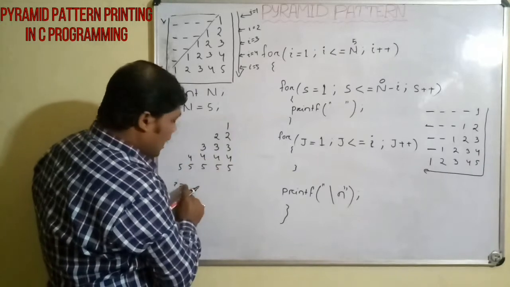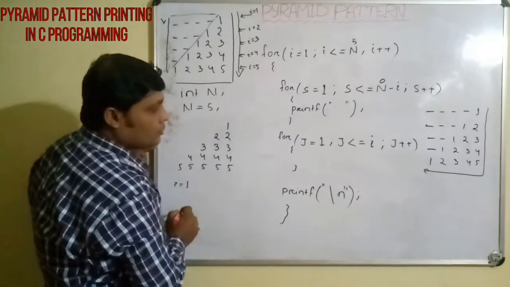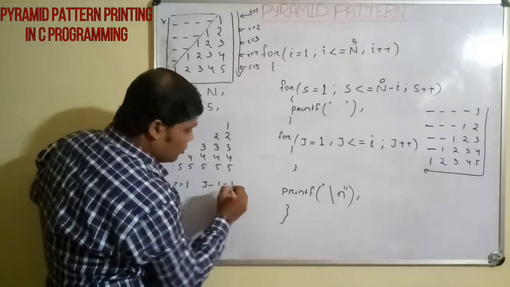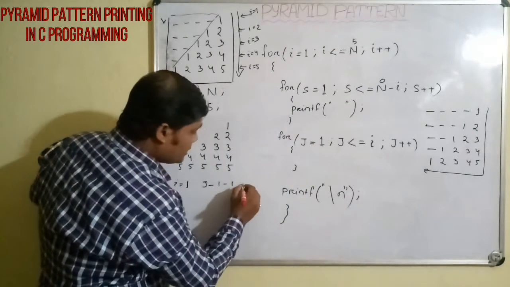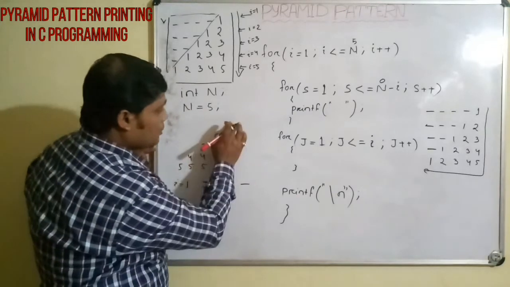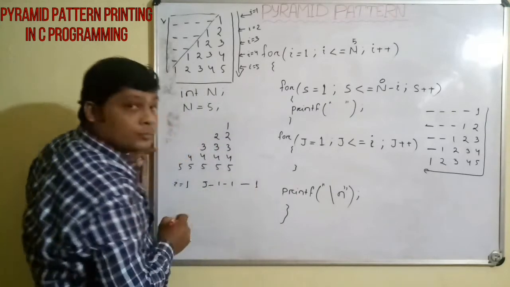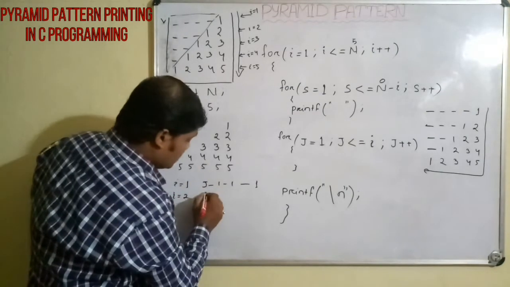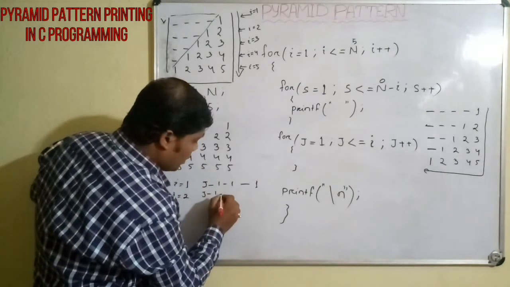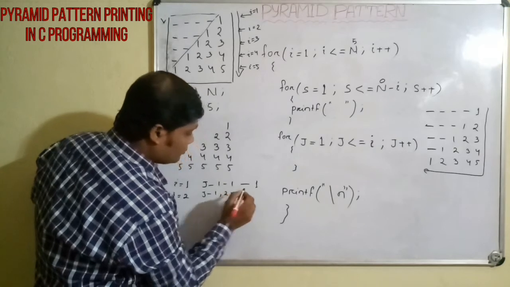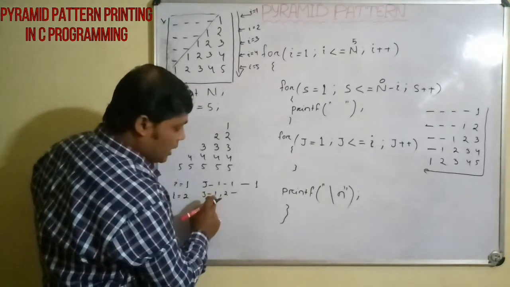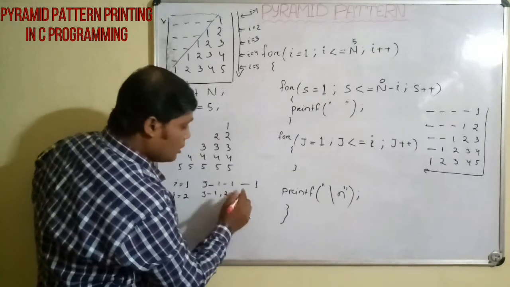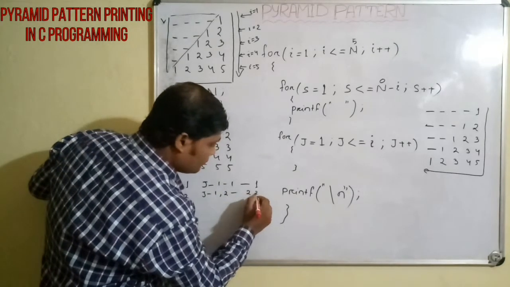When I value is 1, j loop will continue from 1 to 1, and it is printing 1. When I value is 2, j loop will continue for 1 and 2, both values. It will start from 1 and end with 2, so it is printing 2 and 2.